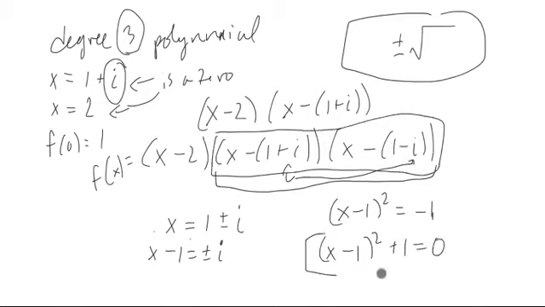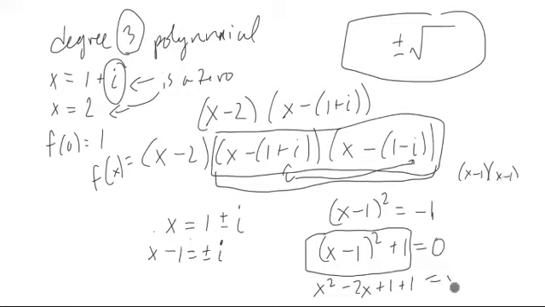Well, this is the quadratic factor we were interested in that we wanted to set equal to 0. In fact, we could multiply this out and see we get x squared minus 2x plus 1 plus 1. If we foiled this out as x minus 1, the middle term is always double this times that.